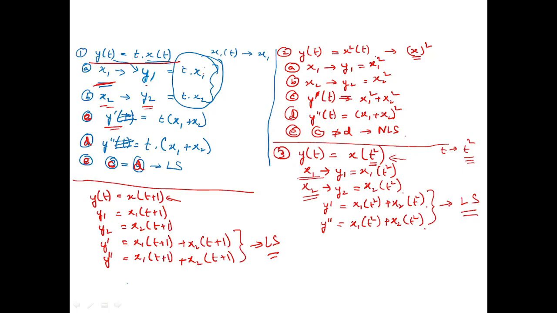That means we are adding up these two numbers here. And y double dash is when we are adding up both the inputs, x1 plus x2. Okay, so if you see C and D, they are equal. Since C and D are equal, it is a linear system.